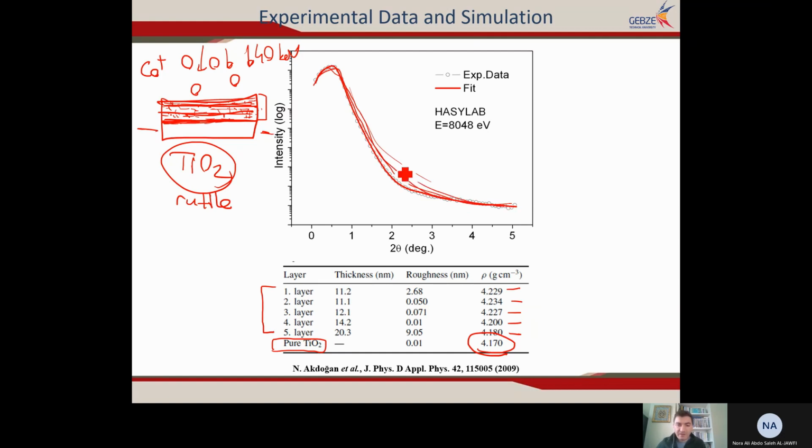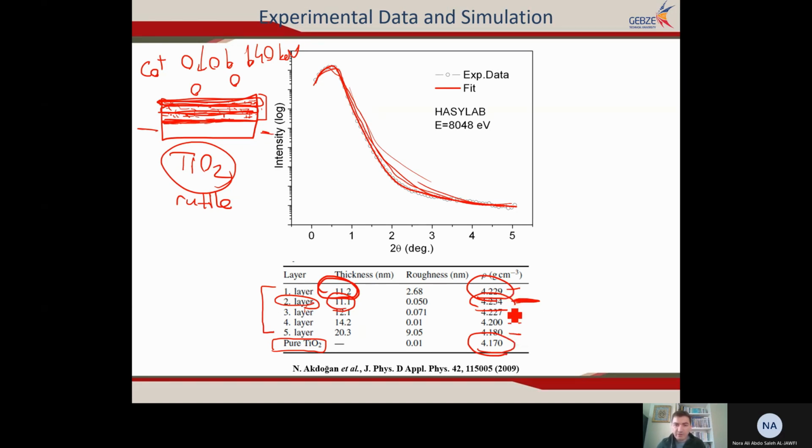So with this simulation, I can get that the first layer on top of this titanium dioxide, which has a thickness of 11.2 nanometers, has this electron density, and the layer just below this one, the second layer, has this thickness and this electron density. What do you see here? This has the highest electron density. It means that this has the highest cobalt concentration, okay?